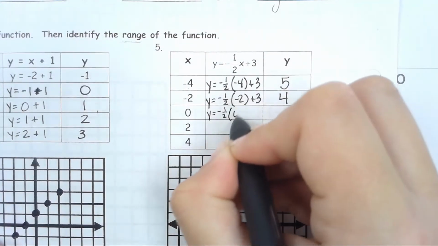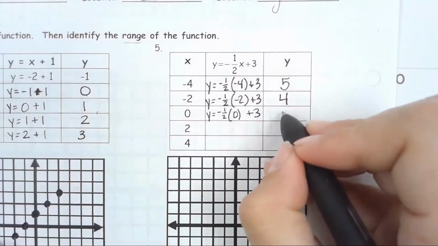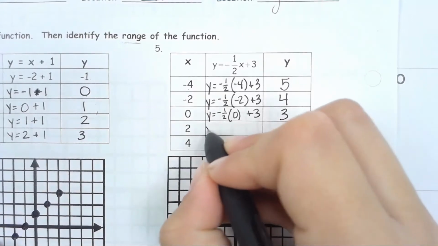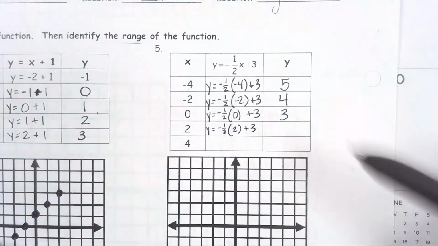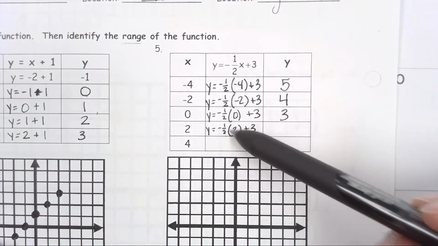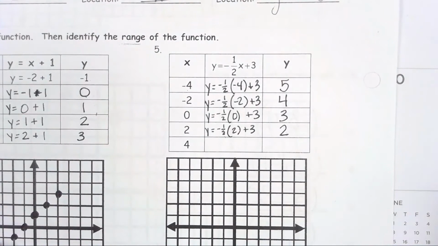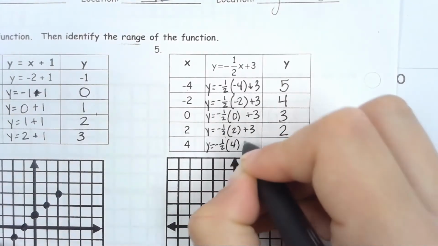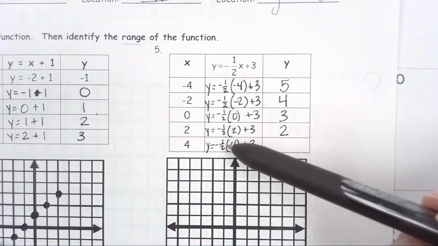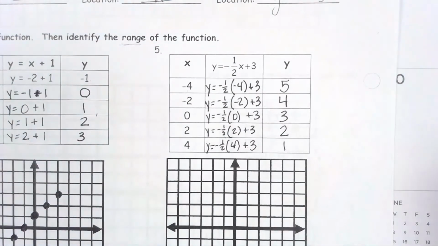Next one, substituting in 0, -1/2 times 0 is 0, plus 3 is 3. Substituting 2 in, -1/2 times 2 is -1, -1 plus 3 is 2. And the last one here, substituting in a +4, that would give us -2, so -2 plus 3 would give us a +1.